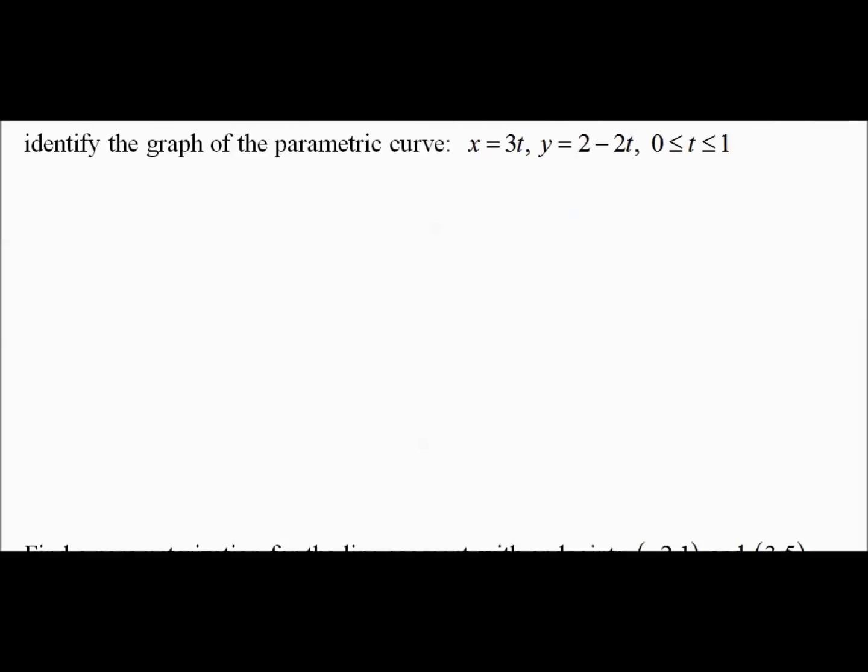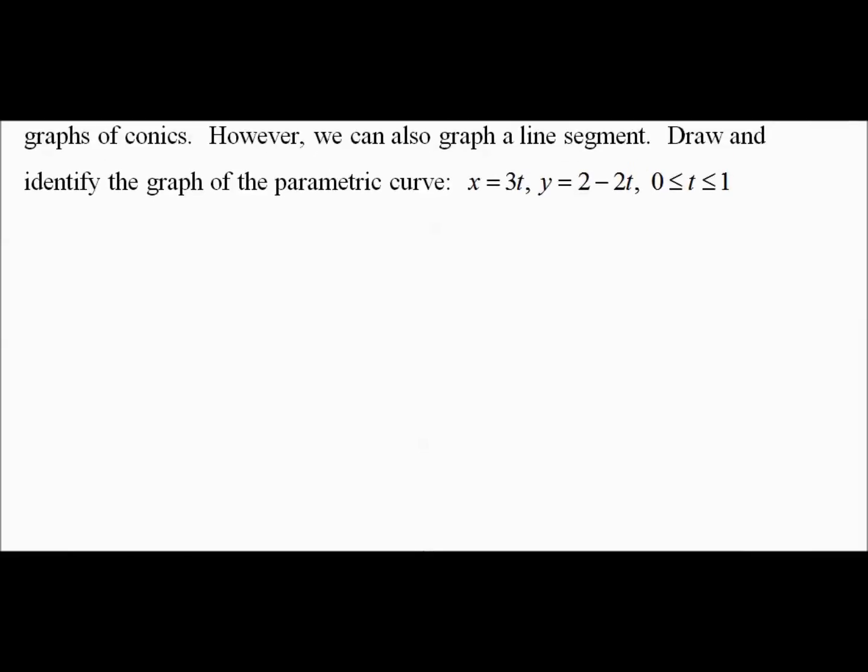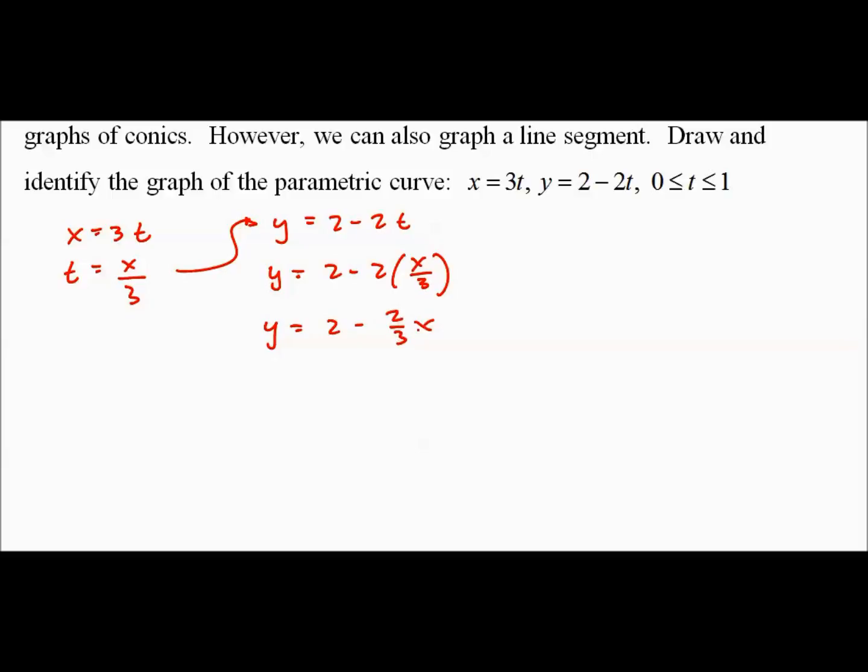And I'm not going to do the 3 column here. I'm just going to say x equals 3t, so t equals x over 3, and I'm going to plug that into y equals 2 minus 2t. y equals 2 minus 2 times x over 3, y equals 2 minus 2/3 x, y equals negative 2/3 x plus 2.